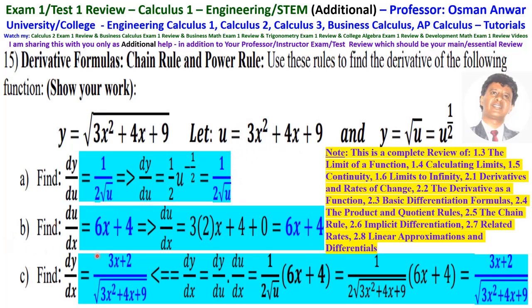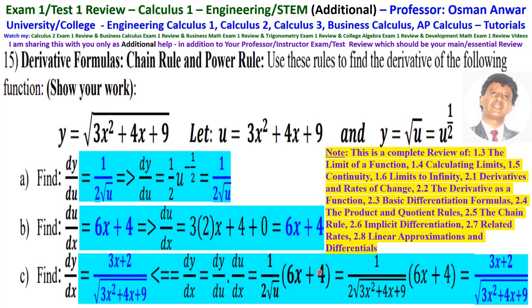Then dy by dx is simply a times b. That is, dy by dx is dy by du times du by dx. Du cancels du. And dy by du is 1 over 2 square root of u. Du by dx is 6x plus 4.